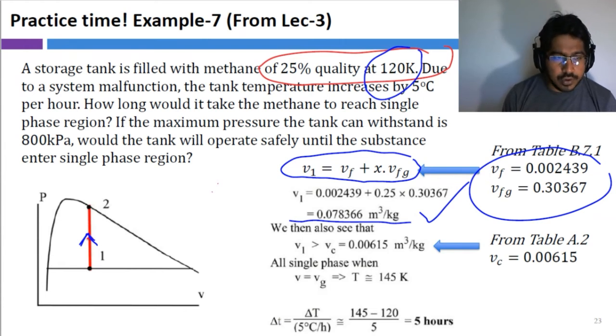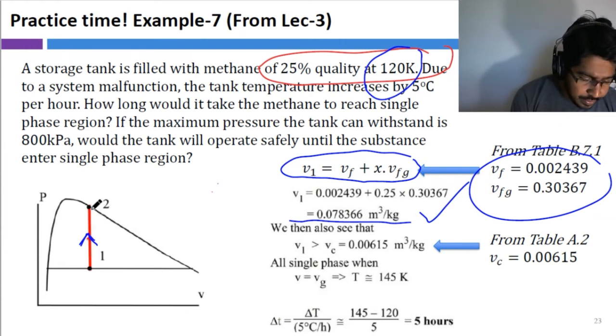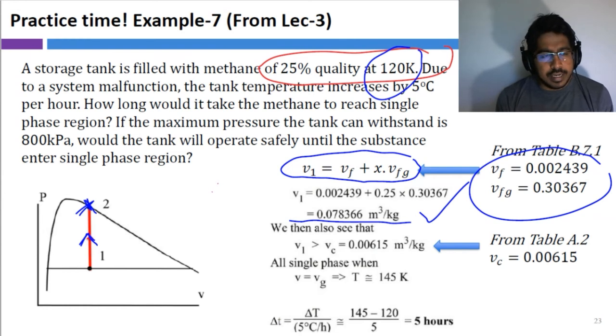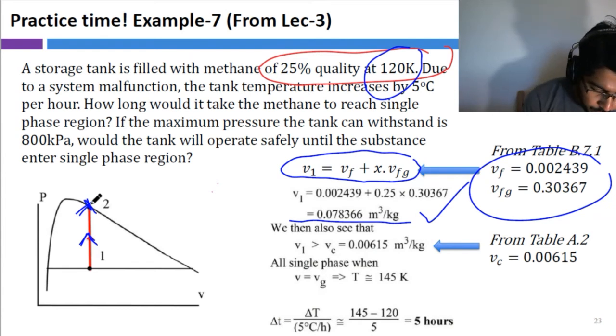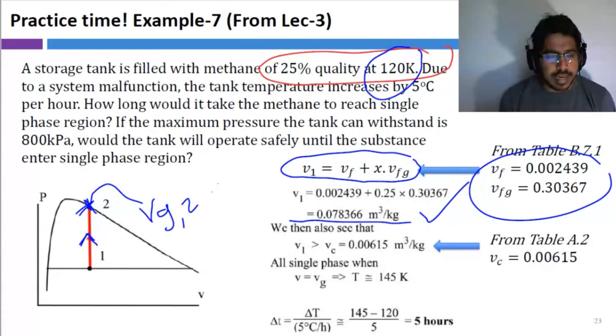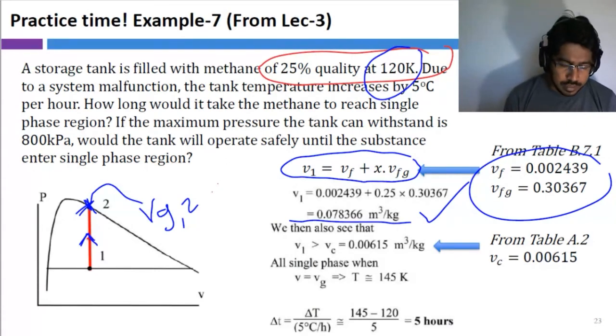Now, in order to find the point at which we cross the boundary, we need to find this point, right? So what is the specialty of this point? Do you see that at this point, Vg at state 2, let's say the saturated gas point, Vg2 is equal to V1.